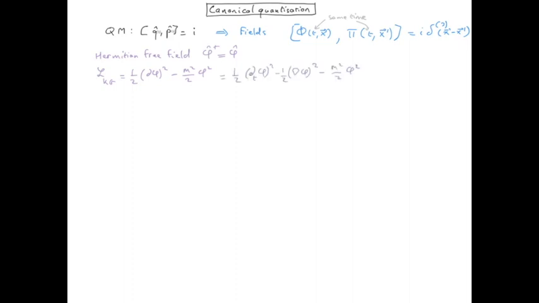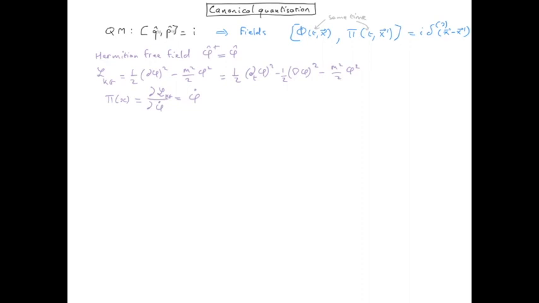The canonical momentum density is then, by definition, given by the derivative of the Lagrangian with respect to the time derivative of the field. So in the case of the Klein-Gordon Lagrangian, that gives us the time derivative of the field itself. But for another Lagrangian, we could get a different expression for the canonical momentum.